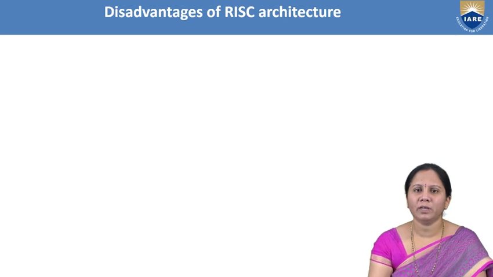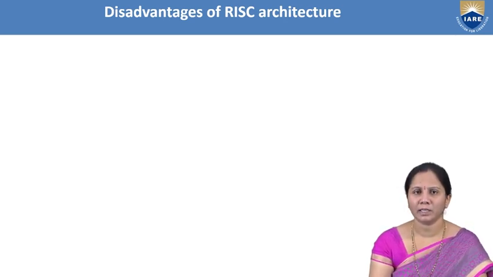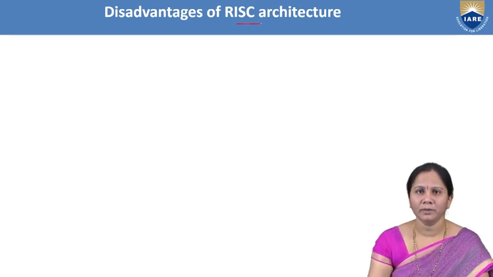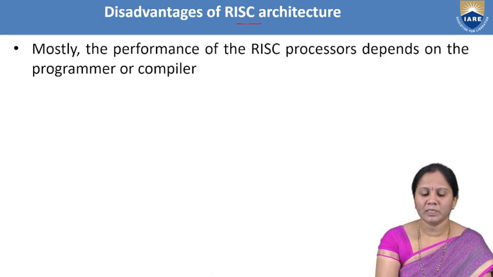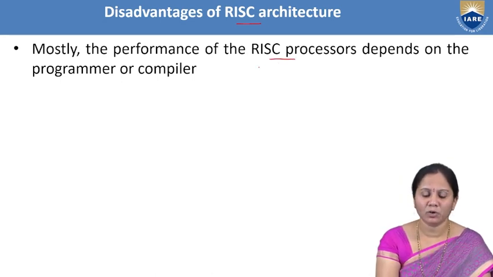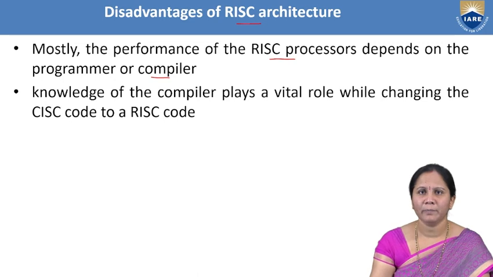So those are some of the advantages as per the features, characteristics and architecture. Now coming to the disadvantages of RISC architecture. The performance of RISC processors depends on the programmer or compiler, how efficiently they are using the instructions.